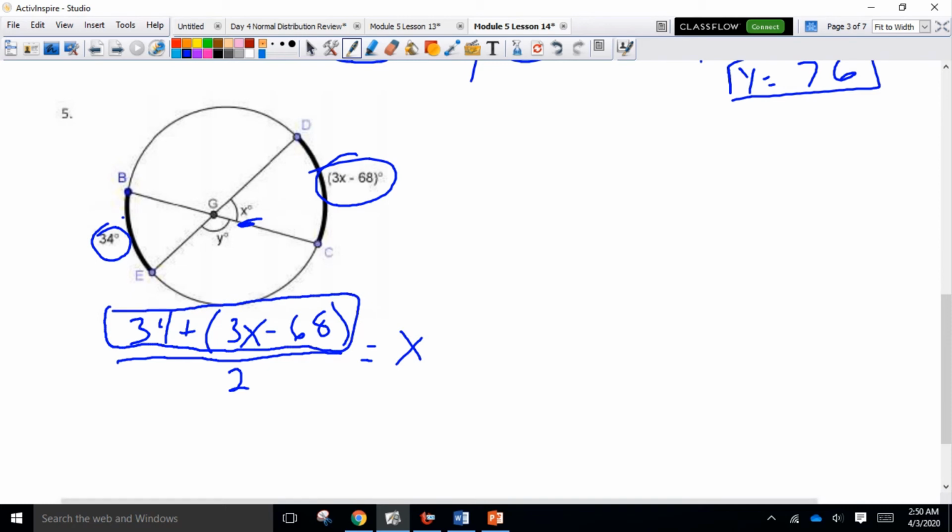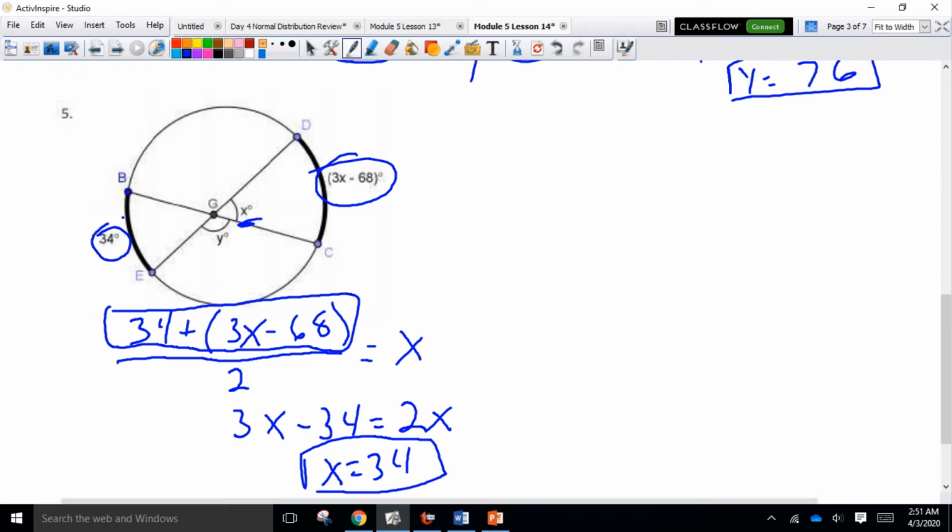So if you simplify this numerator, you get 34 minus 68 is negative 34. So 3x minus 34 equals, multiplied by 2, 2x. Okay, subtract 2x, add 34, and x is 34. Okay, so now x is 34, y is just 180 minus 34. And that's 146 for y.